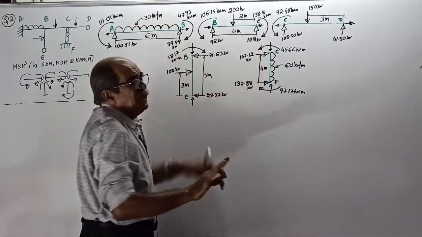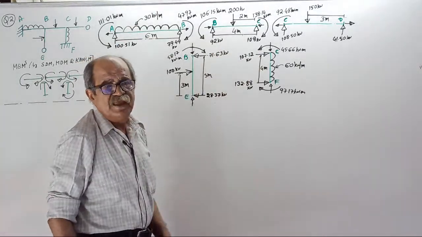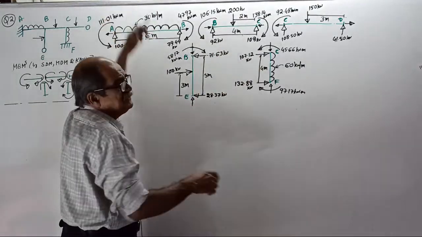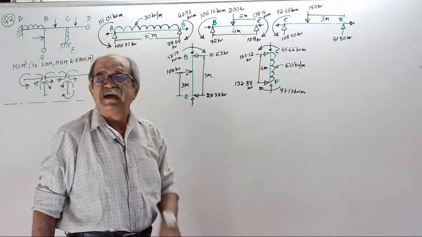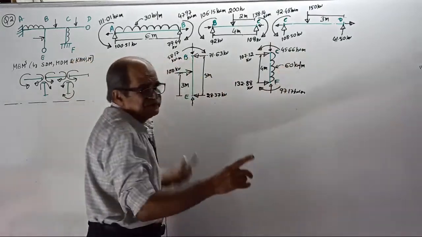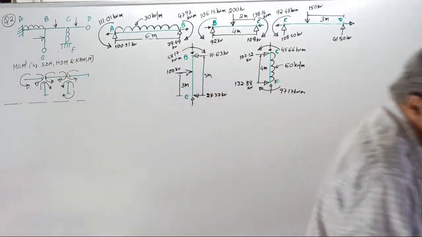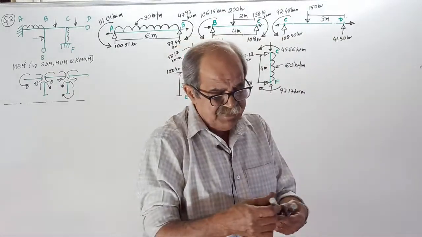Remaining all same as last time. Only change is the numerical difference. Okay. Then another 3-4 people sent me reactions. I checked it. Correct. So reactions are correct. Tell me. Reactions are correct. If reactions are correct, we will go for SFD and BMD now.